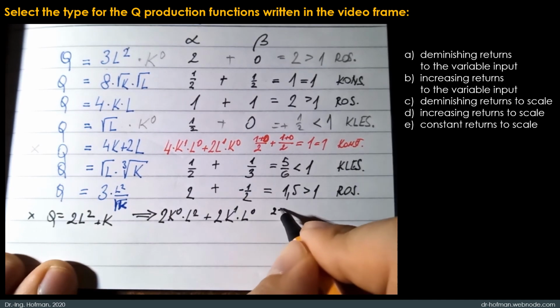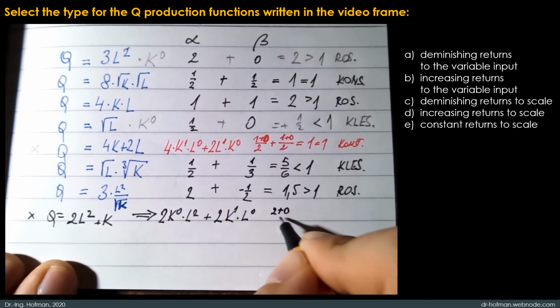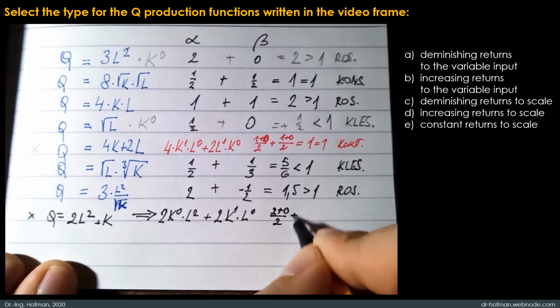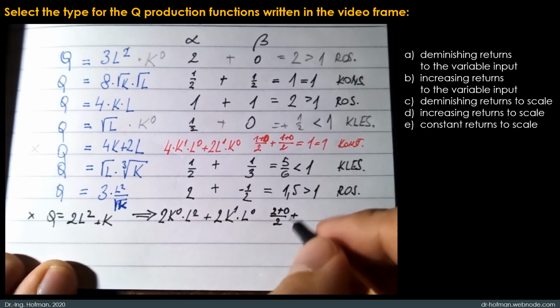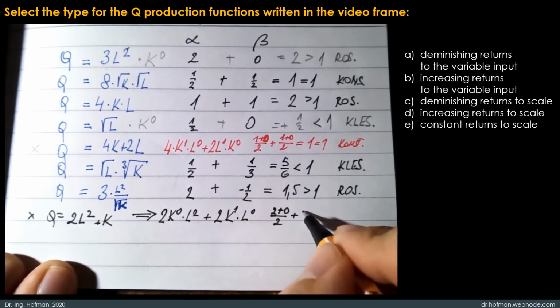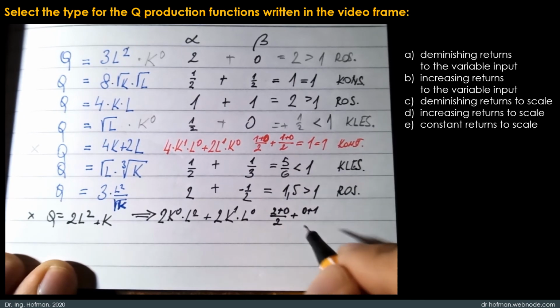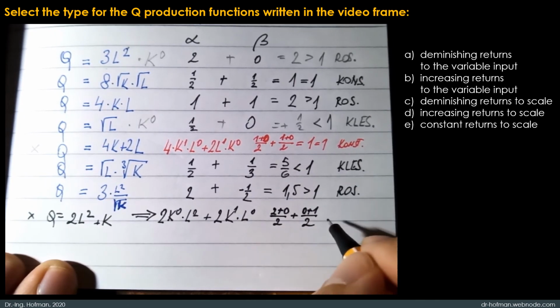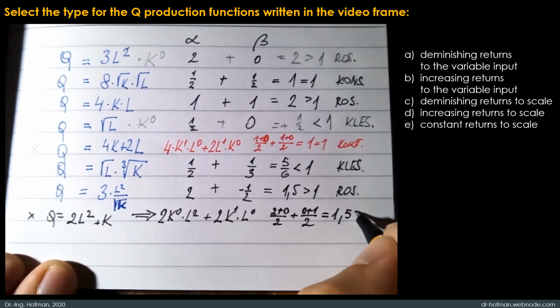Let's add 2 plus 0 divided by 2 plus 0 plus 1 divided by 2, which equals 1.5.